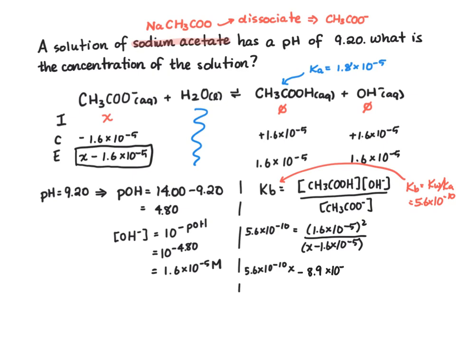That's the 5.6 times 10 to the negative 10 times 1.6 times 10 to the negative 5. And then this is going to equal 2.56 times 10 to the negative 10. So we can rearrange this for x, and we get 0.46 molar. And that's the initial concentration of our solution.